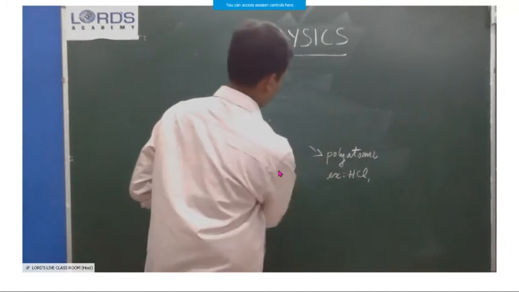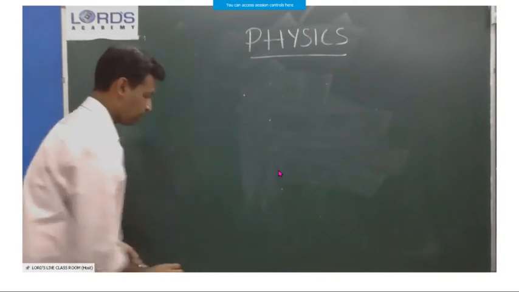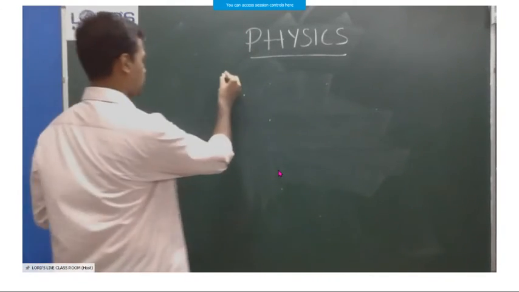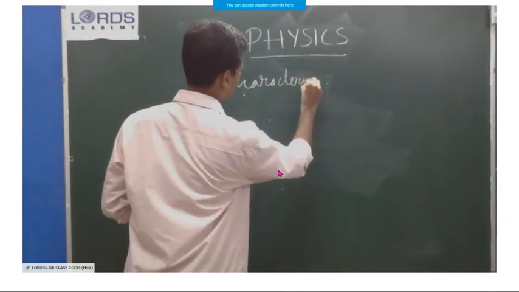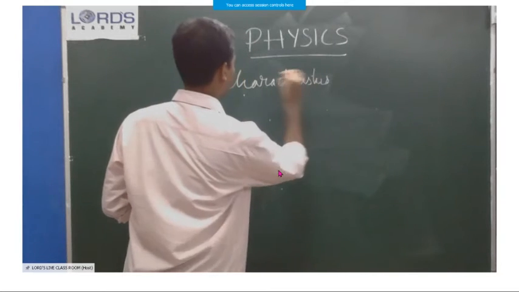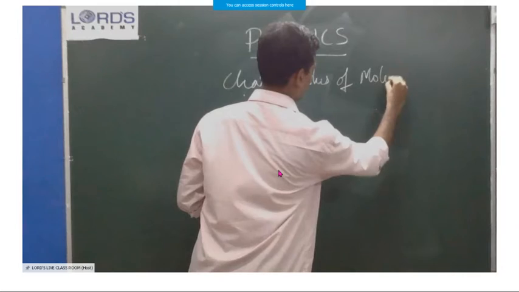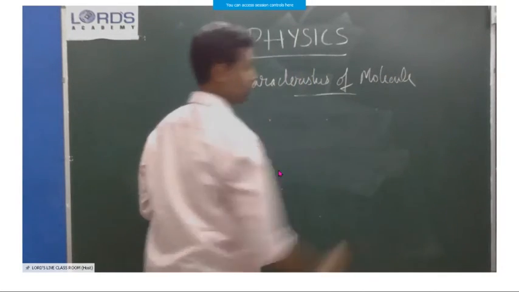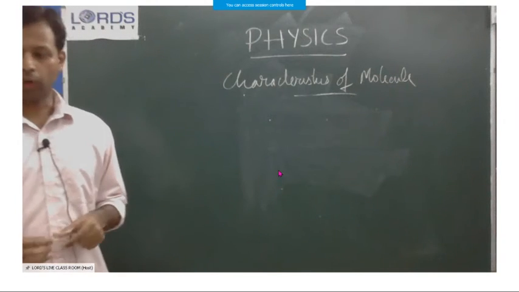Now we move on to the next point, that is the characteristics of a molecule. We have four characteristics for a molecule.